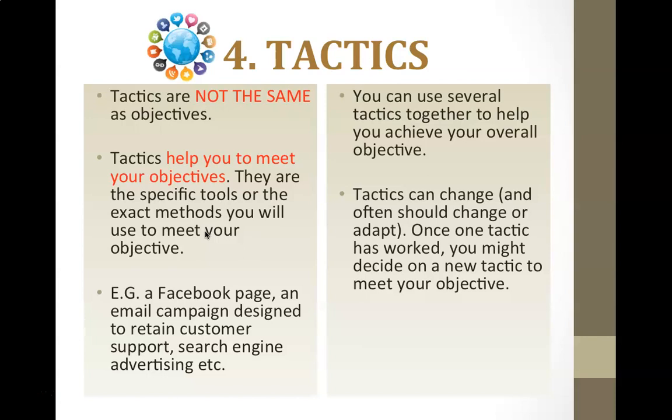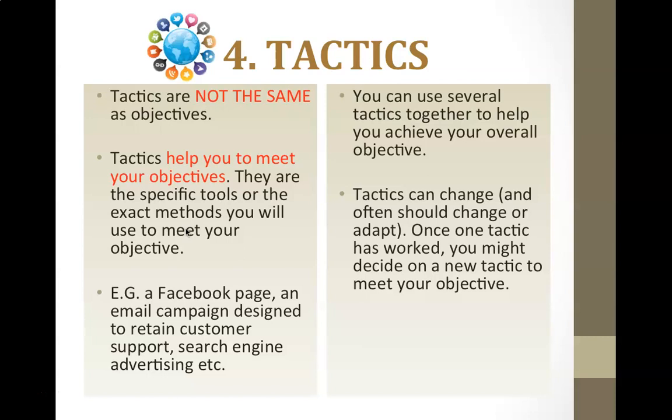But tactics are not the same as this. Tactics help you to meet your objectives. They are the specific tools or the exact methods you will use to meet your objectives. So you've outlined your objectives, now you're thinking, what are the tools or the methods that I'm going to use to achieve these objectives?